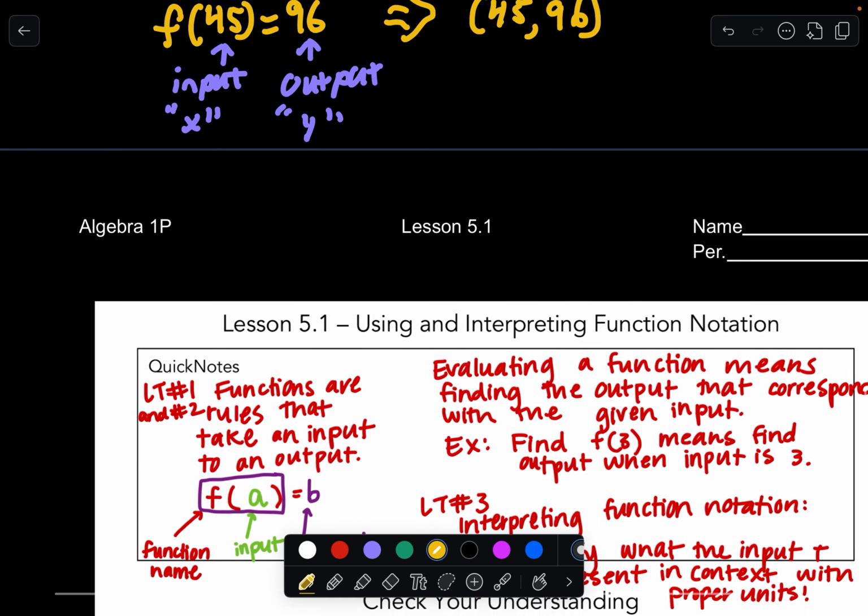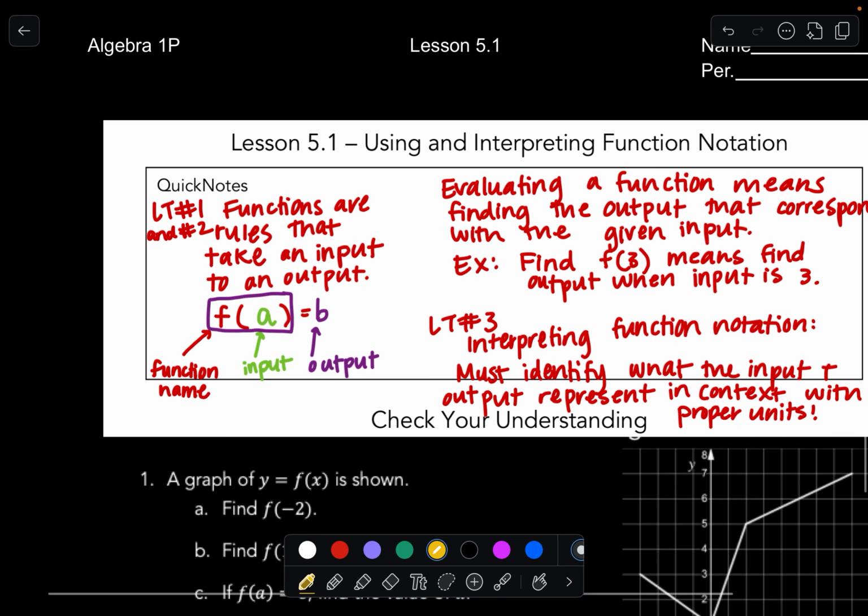All right, so here are the learning targets. Number one, functions are rules that take an input to an output. So we take this input of whatever a is, and then in mathematical words, we map it to the output. So when we put the input in, this function is going to do whatever mathematical things happen, and then it spits out this output, b.